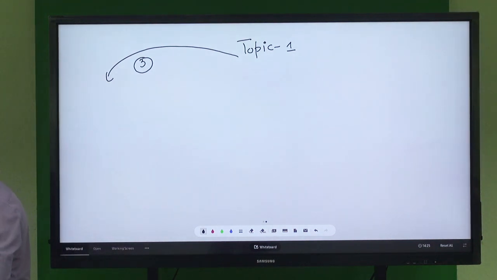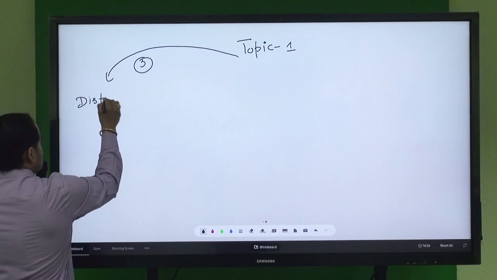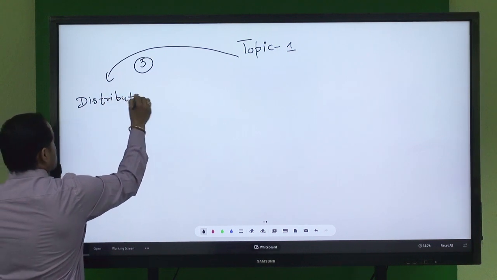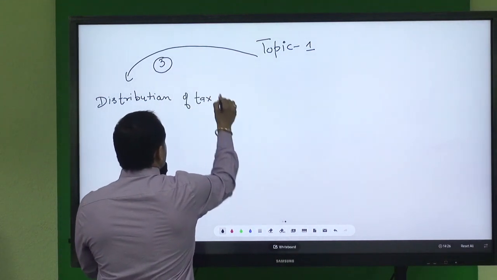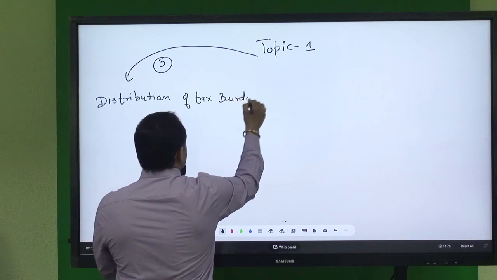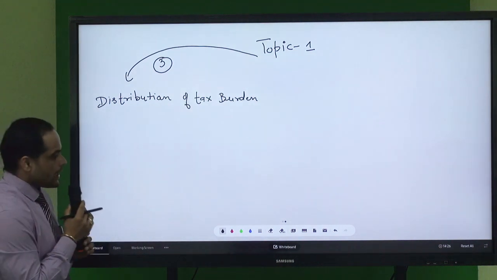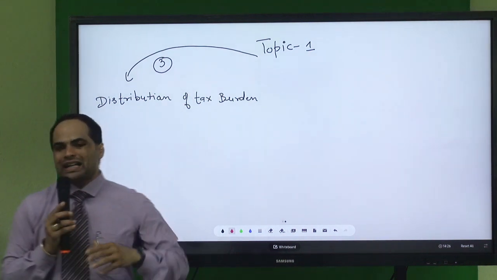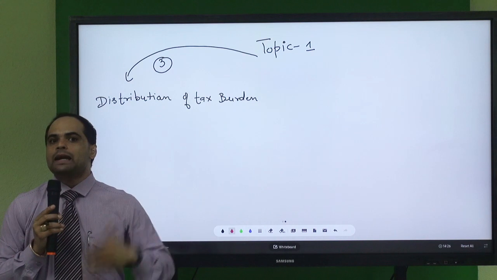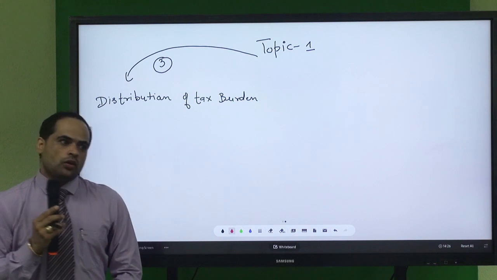Learning outcome 3 is about distribution of tax burden. The meaning of distribution of tax burden is: what is the system that the government implemented to collect tax?